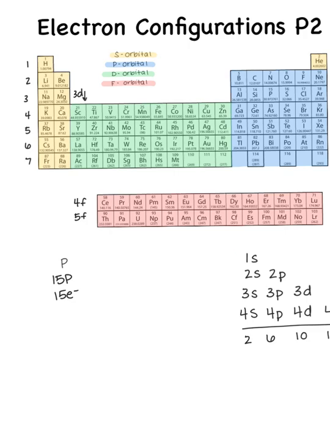And I'm going to use this little table right here as my key because it will give me my order. So, first things first, I go through my 1s. I fill it, because I need to get up to 15 electrons. So I fill up my 2, then I go to 2s.